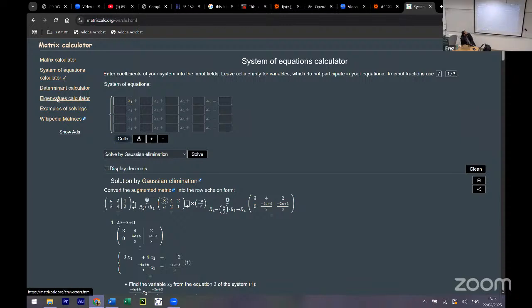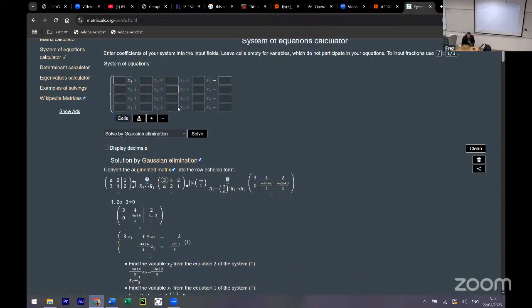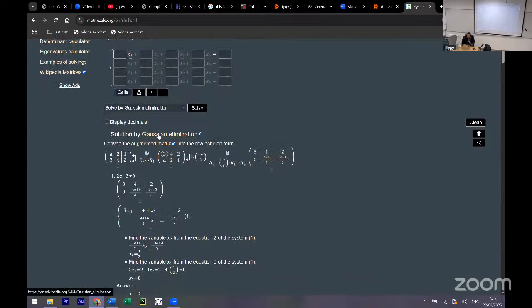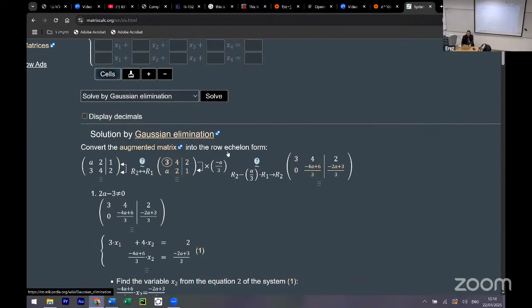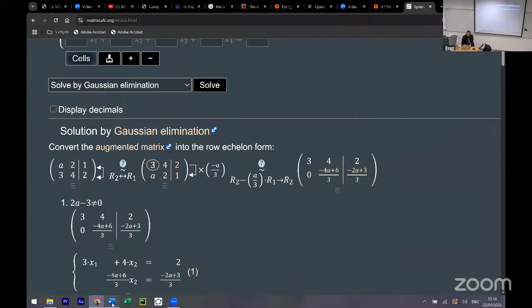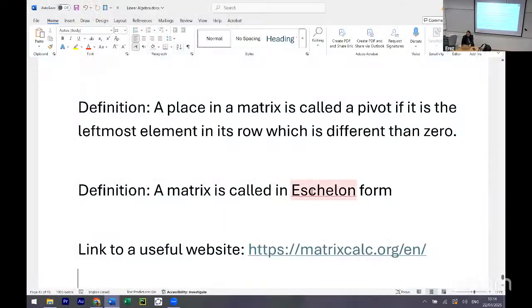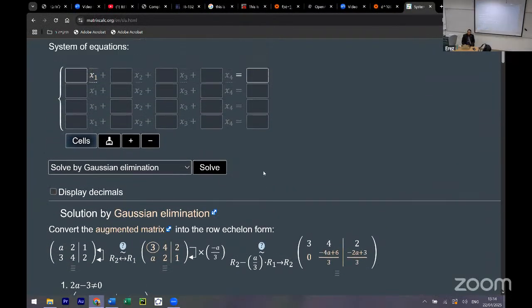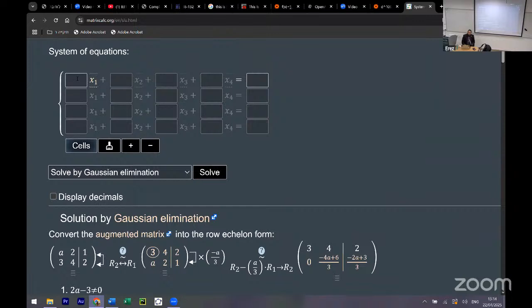And Gaussian elimination, echelon form, yeah, it's ECH without the S. And in any case, look at it. It can help you, it can solve a system of equations.